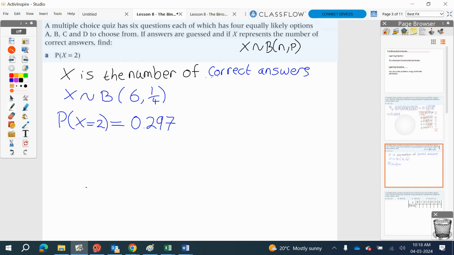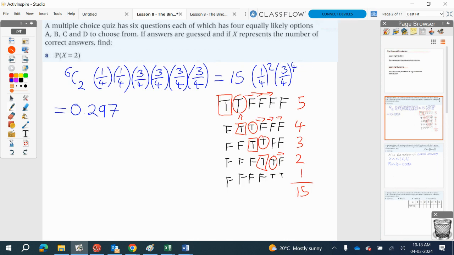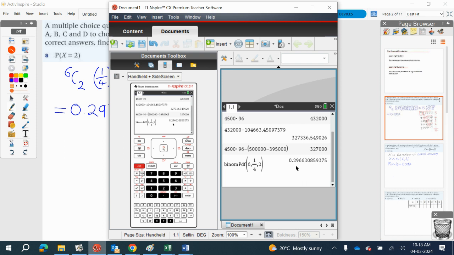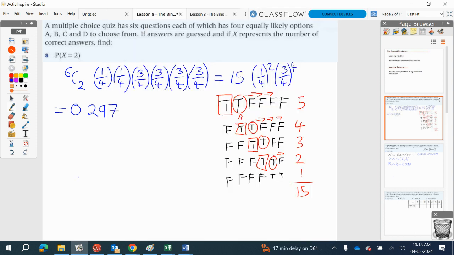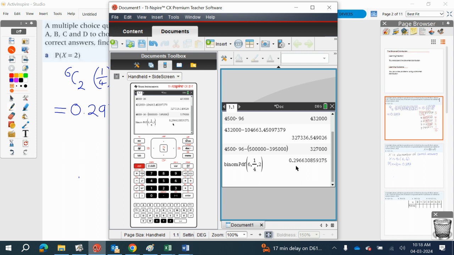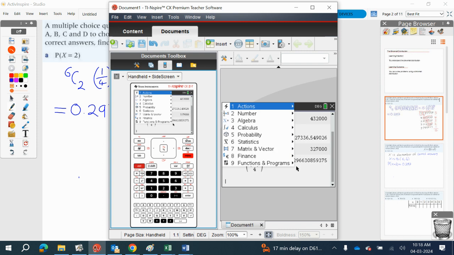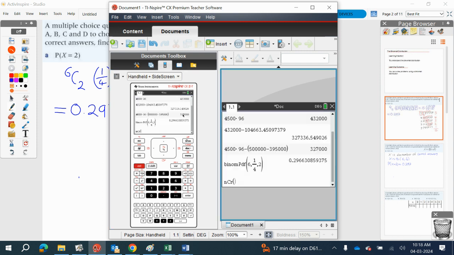Let's go back and see if it gets the same answer as this one. This calculation we can do on the calculator. We don't need to do it this way, but you'll get the combination number. We have 6 options and we need to pick 2 correct answers.